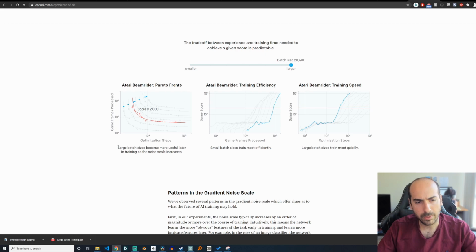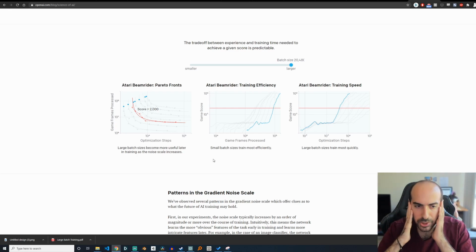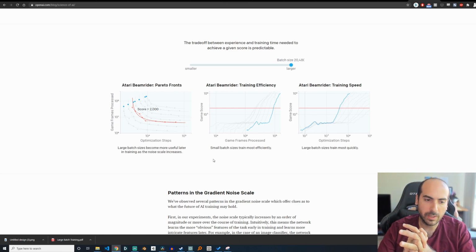This is actually a good summary right here. Interesting. Yeah. So large batch sizes become more useful later in training as the noise scale increases.